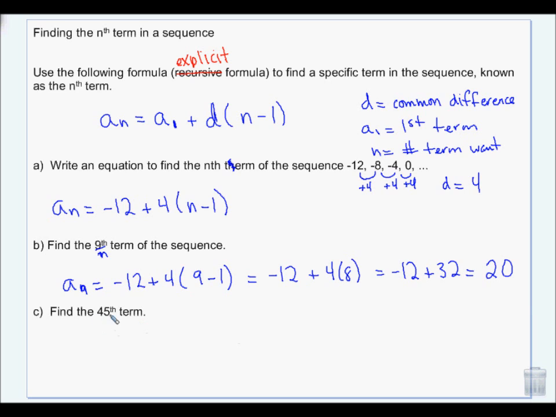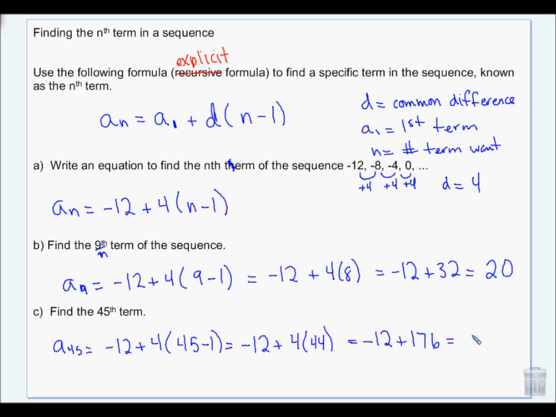If I wanted to find the 45th term, I do negative 12 plus 4 times 45 minus 1. So it would be negative 12 plus 4 times 44. So it would be negative 12 plus 176.